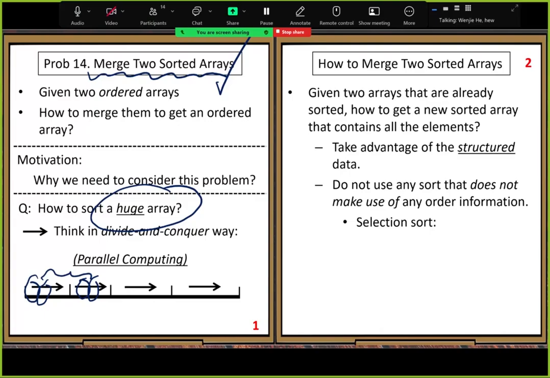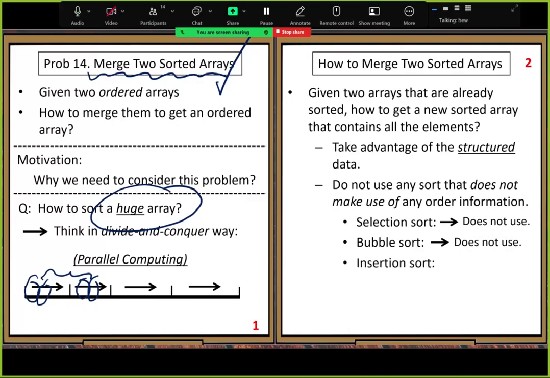Always this number, no matter what input data you have. For bubble sort, does it make any difference whether the data is ordered or unordered? No difference. Same thing, 1/2 times n times n minus 1 for any given data.